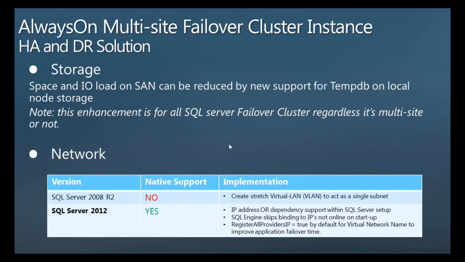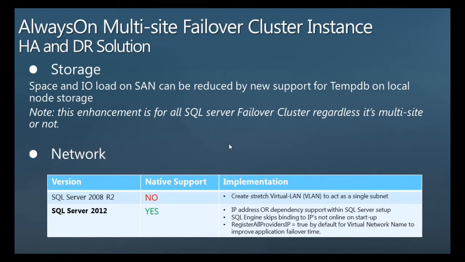For the network part, before 2012, we do not have any native support. So you have to create a stretch VLAN to simulate that you are creating a failover cluster instance within one single subnet. So this solution is hard to maintain and also has some security concerns.